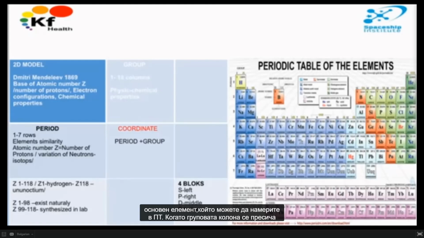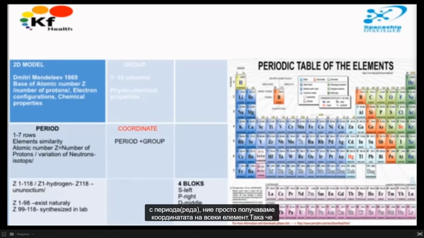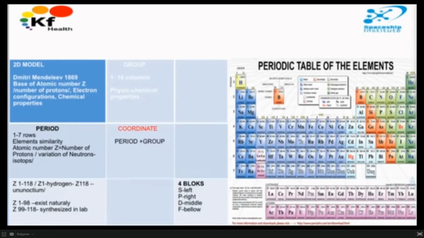When the group column crosses with the row period, we get the coordinate of each element. So each element in the periodic table has a group and a period. In that sense, each element has physical-chemical properties, atomic number, and element similarity with the elements around it.